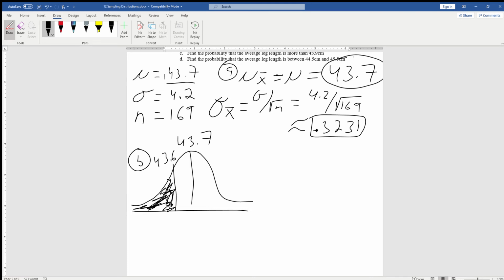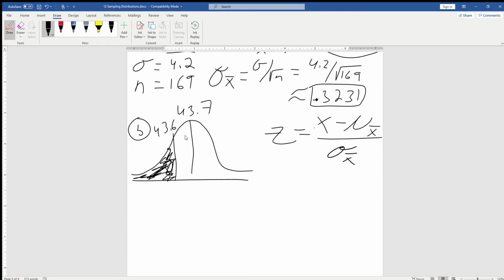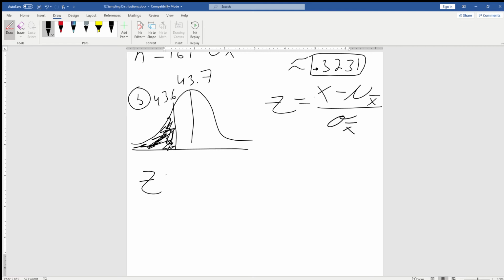Remember our formula: z is equal to x minus mu sub x bar divided by sigma sub x bar. If we substitute back in, z is going to be equal to 43.6 minus 43.7, divided by the standard deviation we found, 0.3231. I'll punch that into the calculator, and I get negative 0.31 rounded to 2 decimal places.